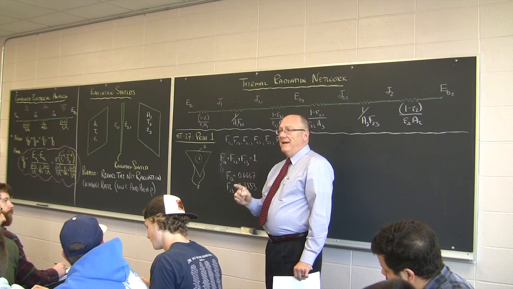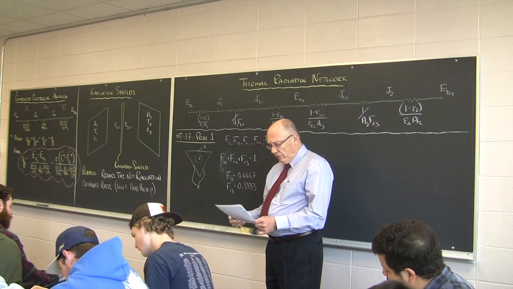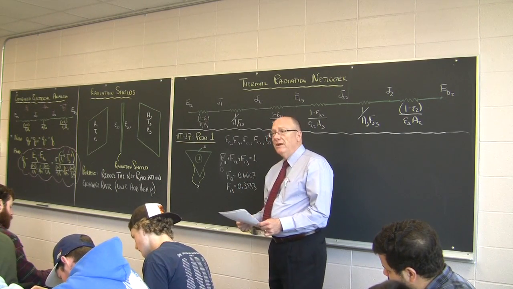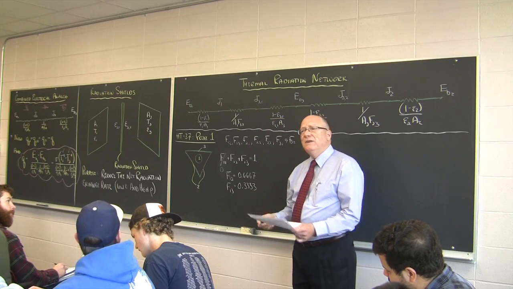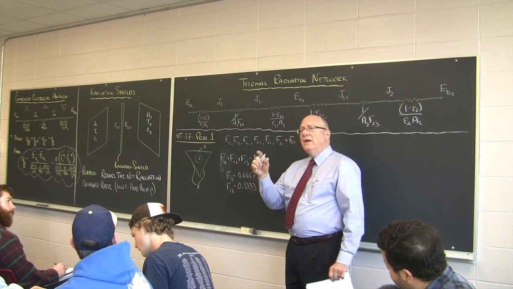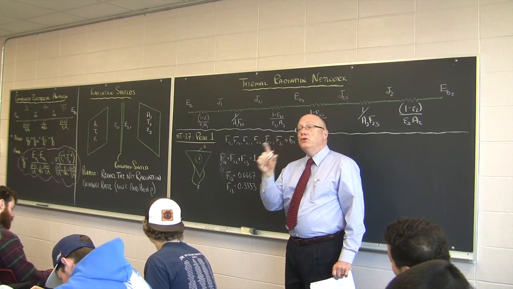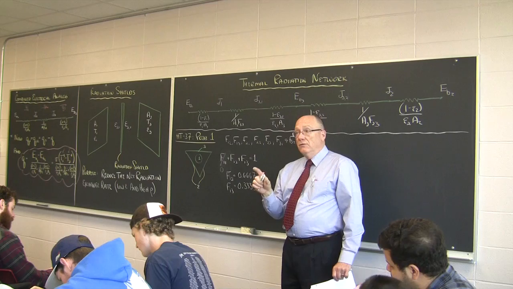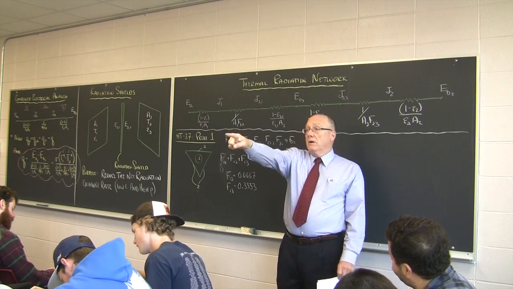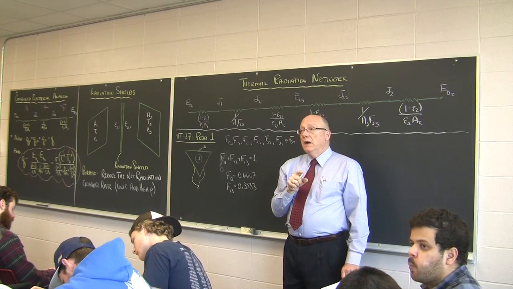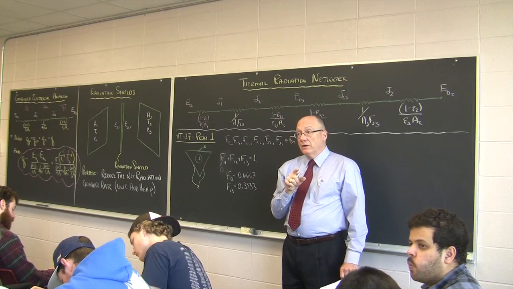That would depend on the emissivity and other factors. What I'm asking you in this problem is to solve for the view factor, okay? The view factor is only one component in the amount of heat transfer that occurs.